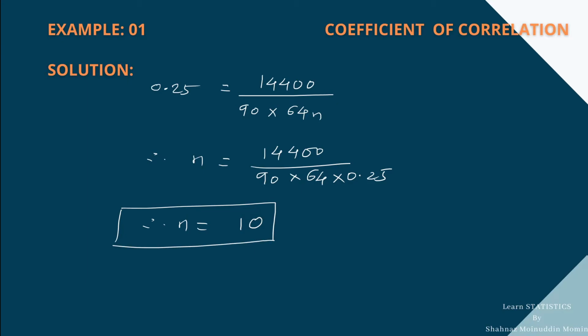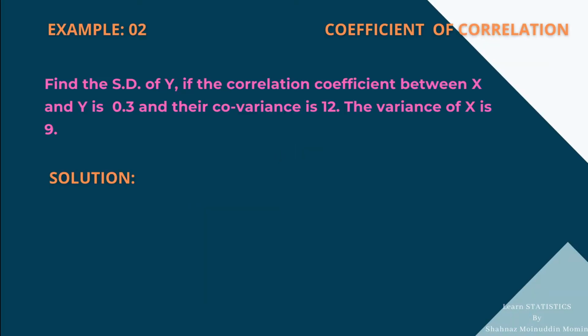Now we shall start with the second example. Find the standard deviation of y if the correlation coefficient between x and y is 0.3 and their covariance is 12. The variance of x is equal to 9. Now let me write the given terms.